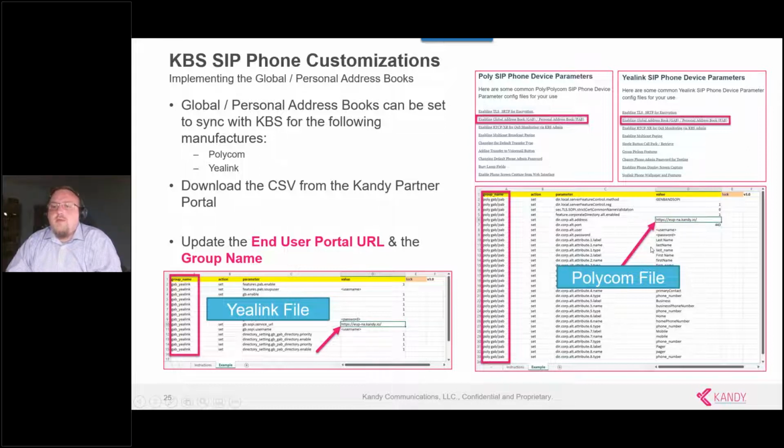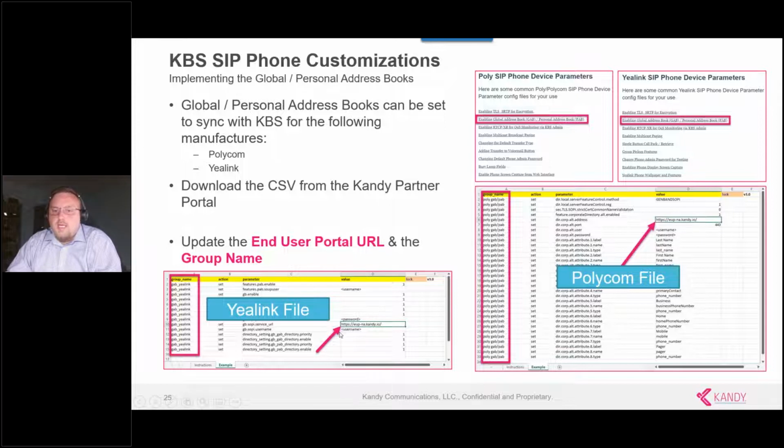There are a couple of fields in here that you're going to want to modify. So namely the URL. This does need to be the end user portal URL for the actual SMB that you're working on. So whatever domain and things, you want to modify that.